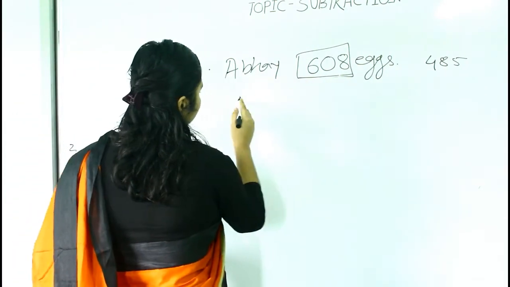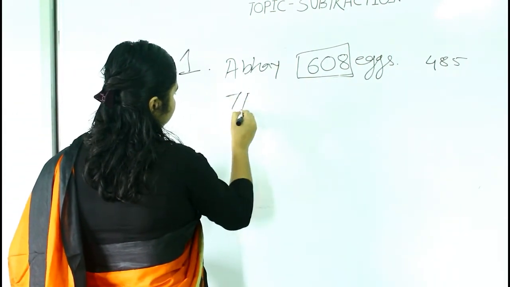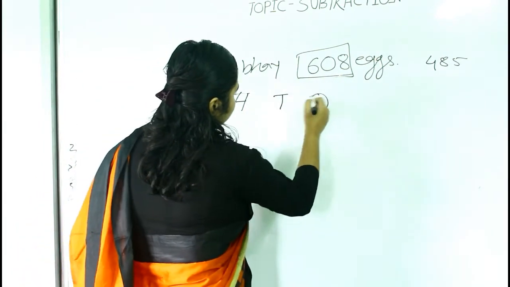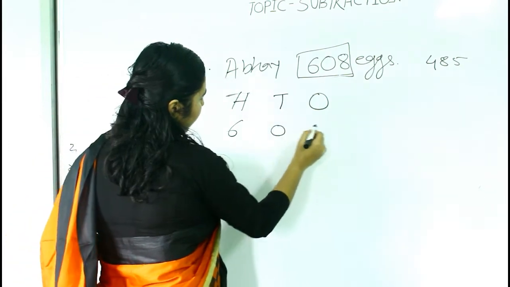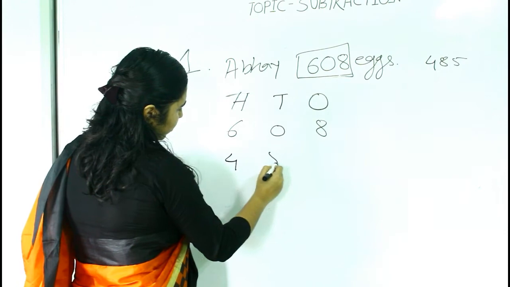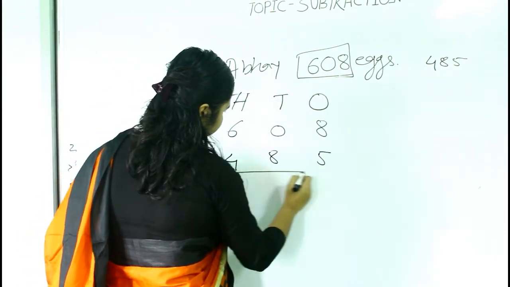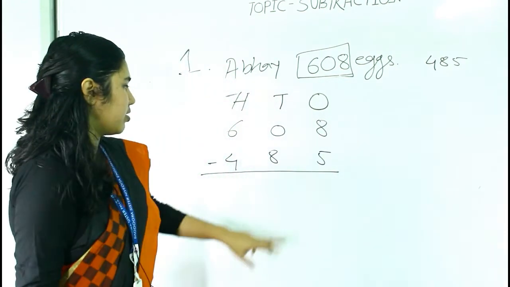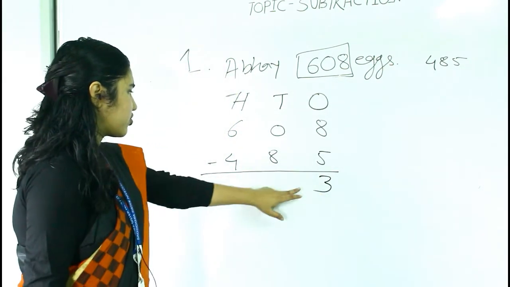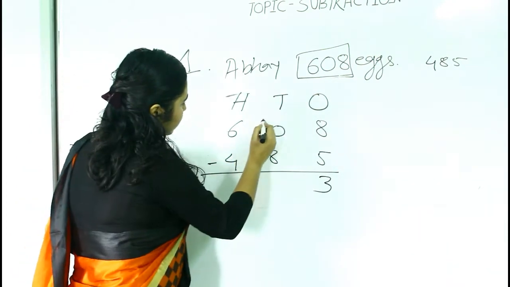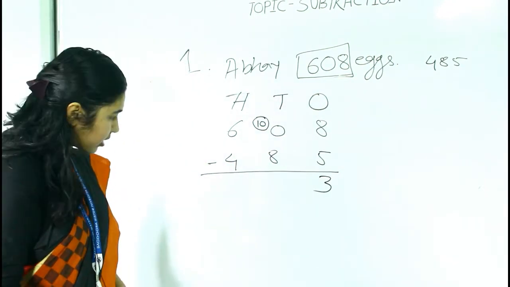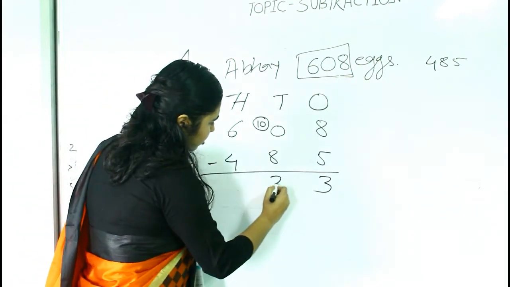So take up to 100's place because here we have 3 digits. 608 subtract 485. Now 5 is less than 8, so here we will get 3 and here 0 is less than 8, so assume 0 as 10. Now subtract 8 from 10, which is 2.